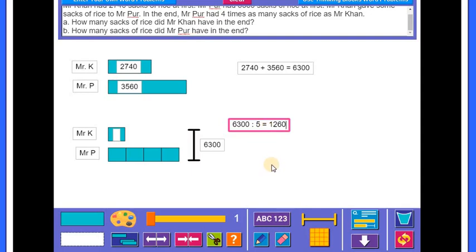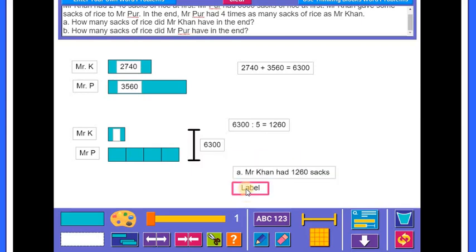So you can answer question A, because question A is only one unit. So this is 1 unit. The answer is Mr. Khan had 1260 sacks of rice.